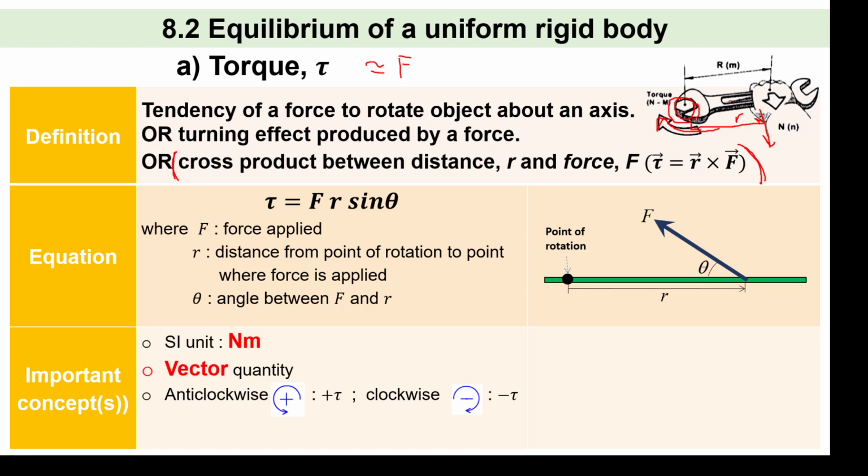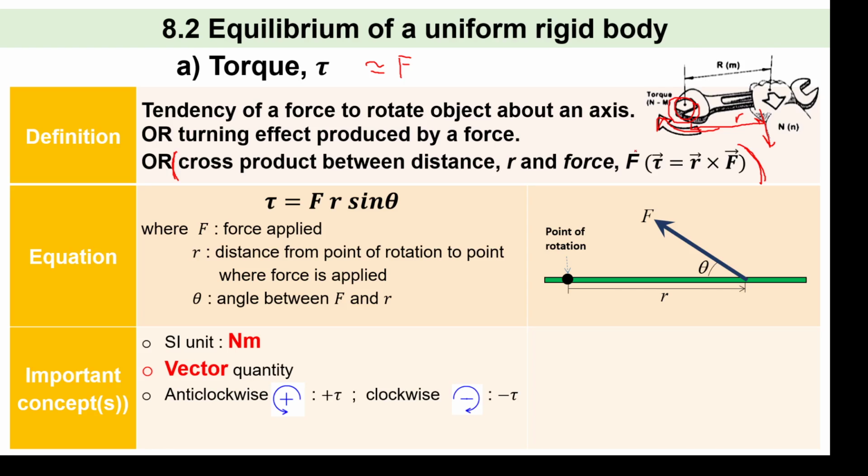If you want to find the torque, which is the tendency of an object to rotate, it's the force crossed with r, the distance from the force to the screw.